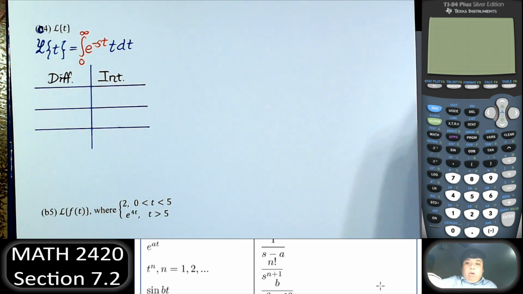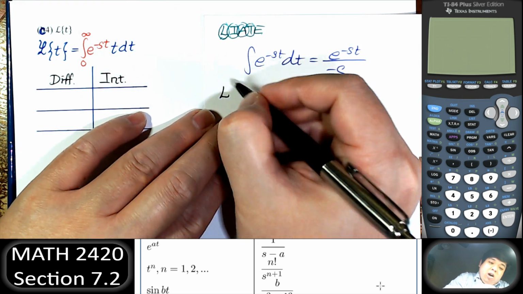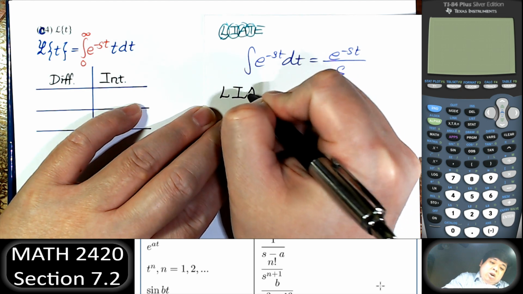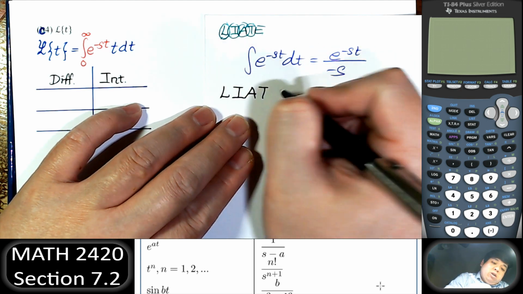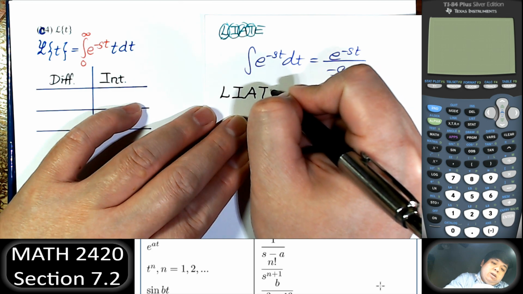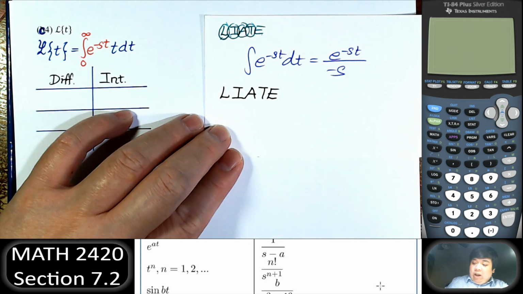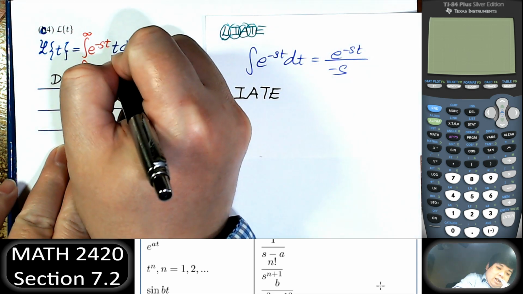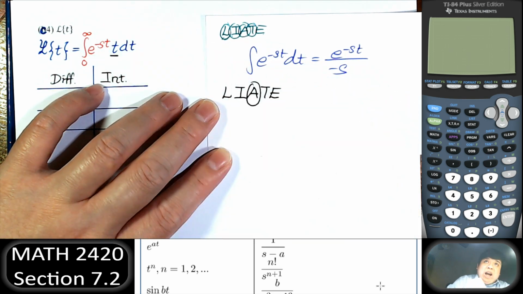Right, so let's go back to the checklist again. Logarithmic function, inverse trigonometric function, algebraic function, including polynomial, and then trigonometric function, and then exponential function. So in this case, what we have is t, which is considered to be a polynomial or algebraic expression.